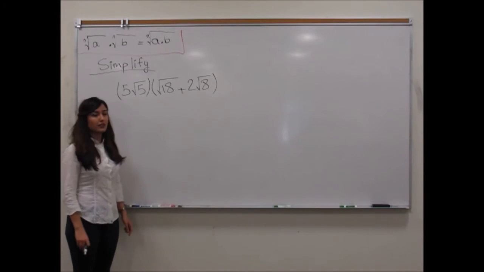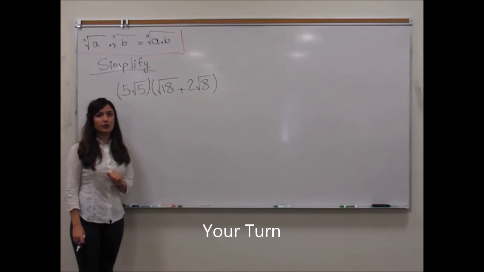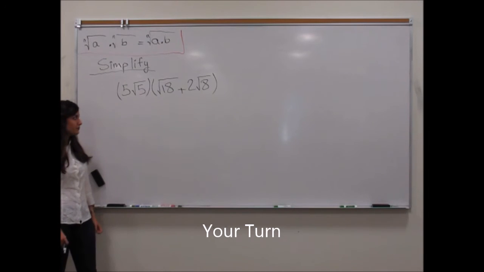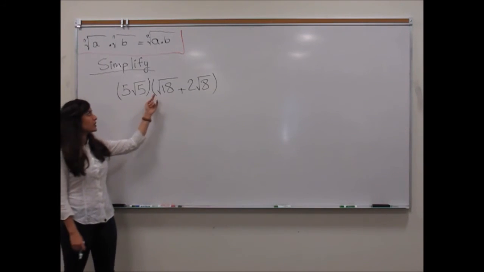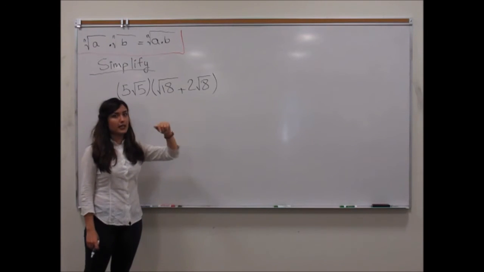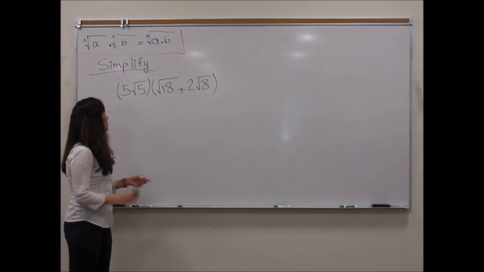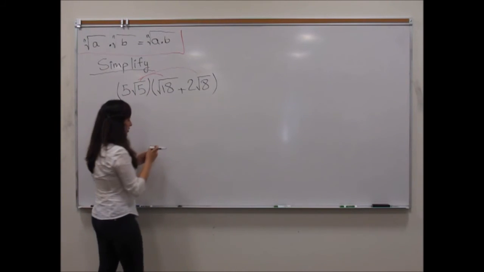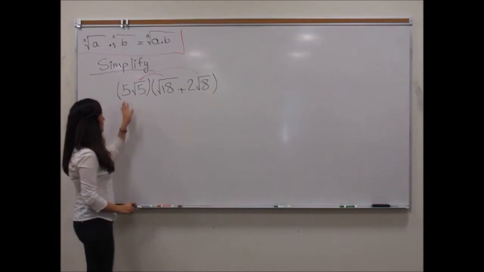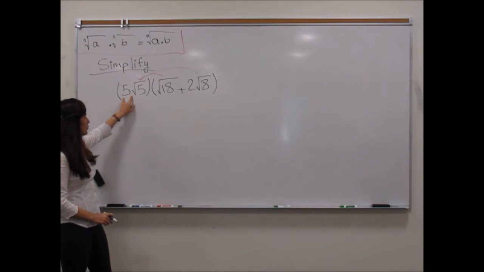Alright, so here I have an example for you guys to try. Go ahead and pause the video, we'll go over it together. Alright, I have 5 rad 5 times rad 18 plus 2 rad 8. So we distribute this 5 rad 5 to both of these terms. We have to first multiply the coefficients.